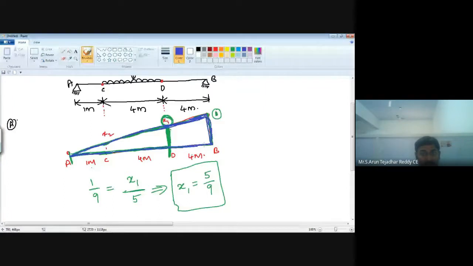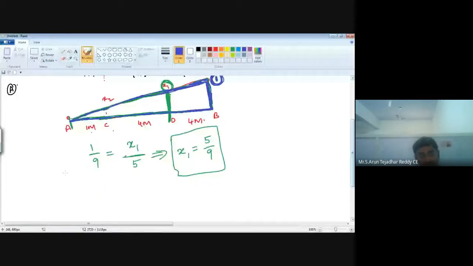The perpendicular is 1 and the base is 1 meter plus 4 meter plus 4 meter, that is 9. So 1 by 9 equals, now I need the x2 value.